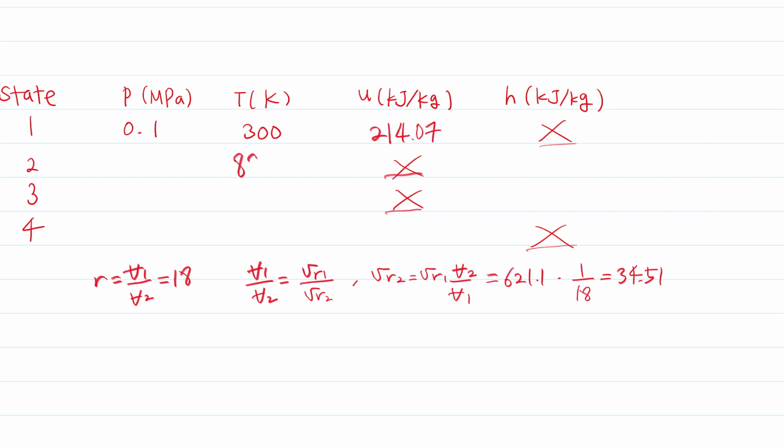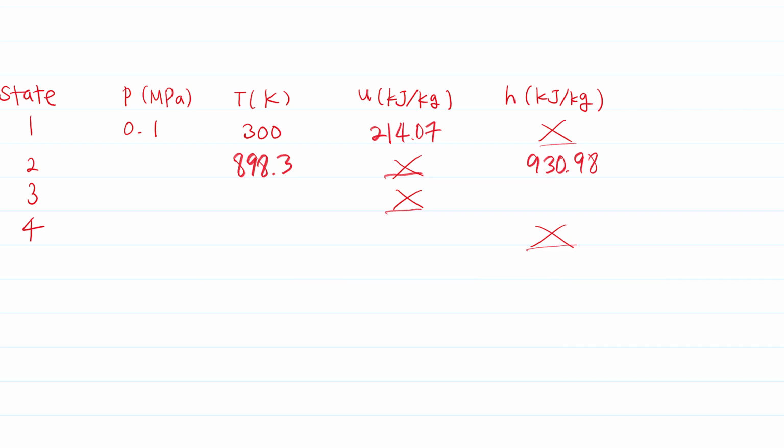And T2 is 898.3, h2 is 930.98. Now at state 2, we know the temperature. We also want to determine the pressure at state 2. We know that mass remains constant during the process, m1 equals m2. Using the ideal gas law, m1 is PV divided by RT1, and likewise for m2.